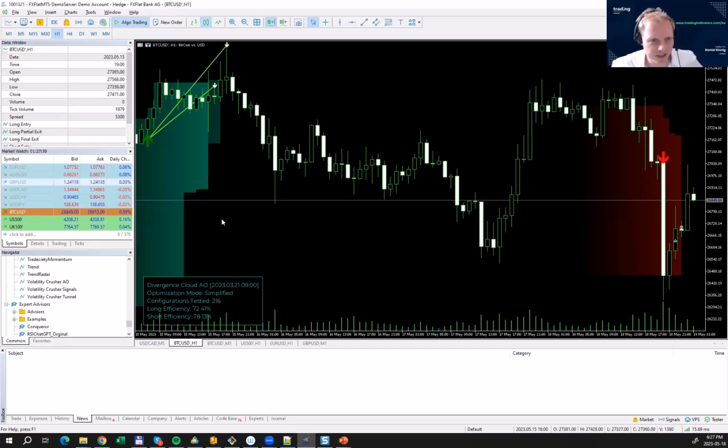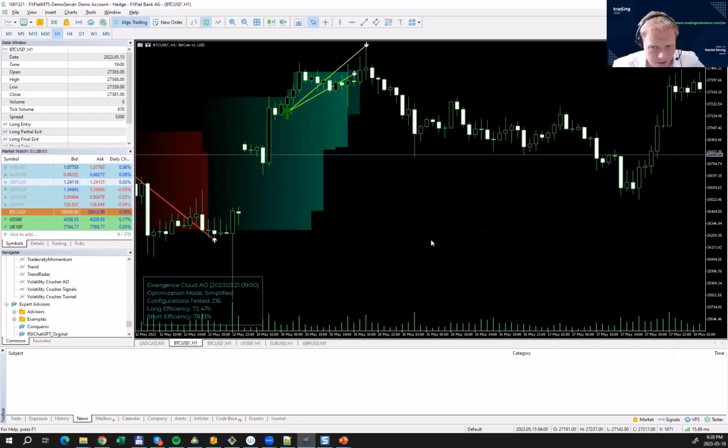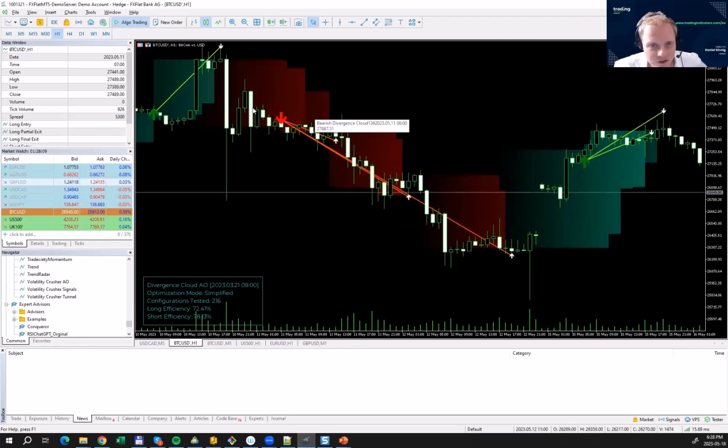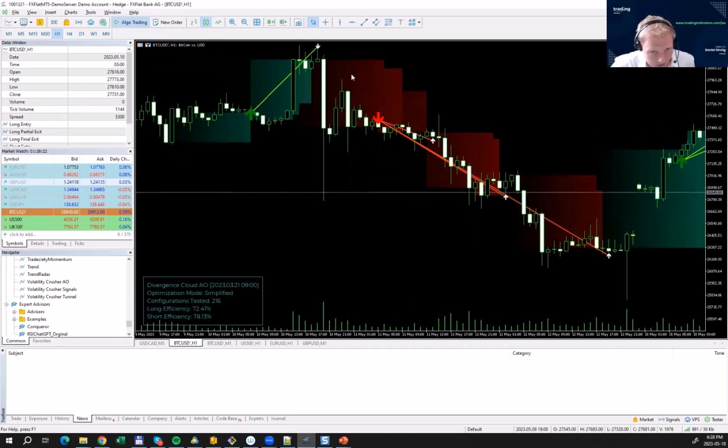But what can we see here, for example? Well, we can see that we have these greenish clouds and reddish clouds every once in a while. These are indications of divergence. And if you are familiar with this concept, divergence is, I always call it, a disagreement of price moving somewhere, perhaps downwards or perhaps in this case upwards initially, and then an underlying indicator forecasting a different price move.